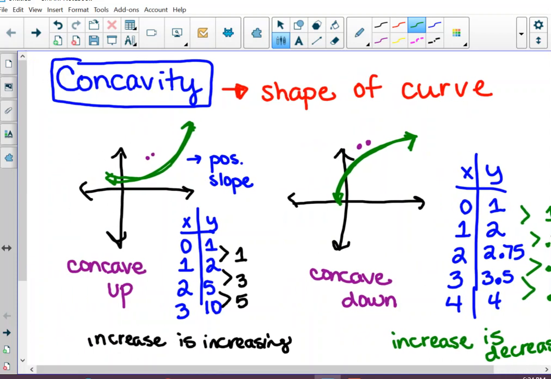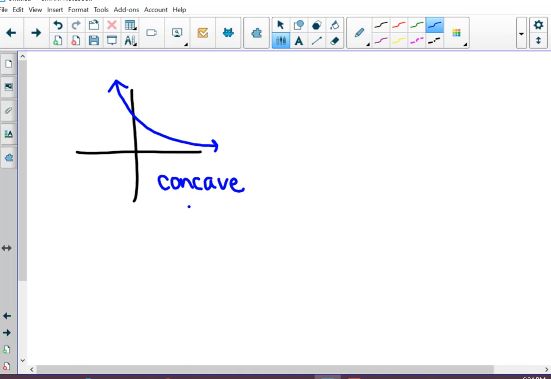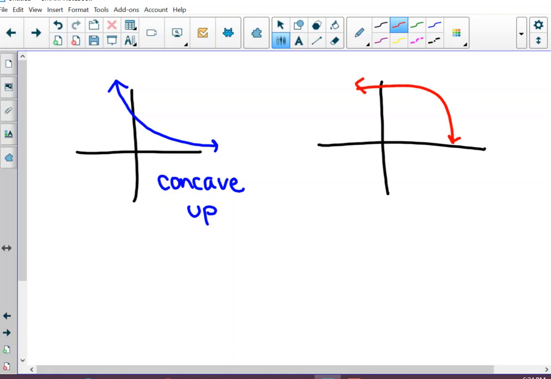We can have the same kind of concavity. If I have a curve like that, decreasing, but still concave up, versus decreasing and concave down.